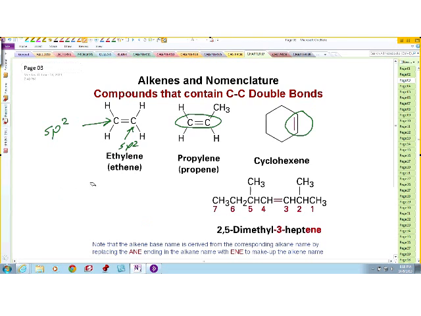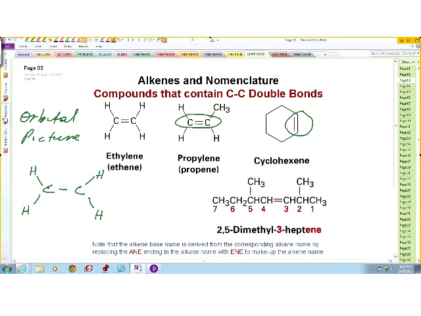Now, with regard to the orbital picture of alkenes, if we take this molecule here that we call ethylene, we have a carbon atom attached to another carbon atom, and this carbon-carbon bond is a sigma bond. Each carbon is attached to hydrogen through a sigma bond.